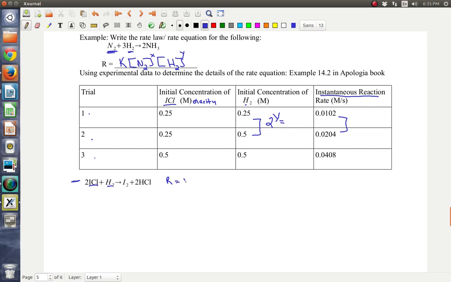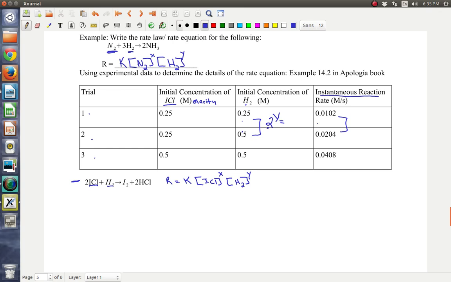The rate is equal to k, the constant, times the concentration of ICl to some power x, times the concentration of hydrogen to some power y. Since this is the second thing, we're going to deal with the y. The concentration between the second one and the first one was twice as much, so that's the 2.